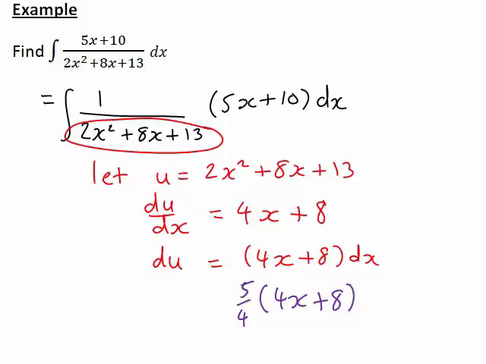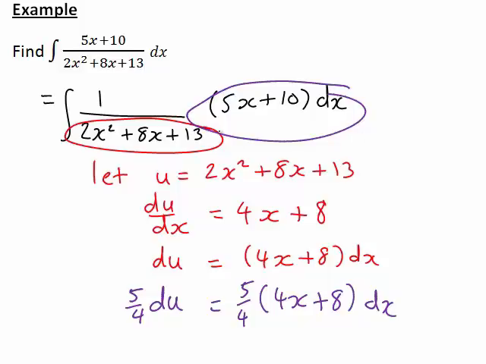And that is the same as if we multiplied the other side of this equation by 5 on 4 as well. Then if du is 4x plus 8 dx, then 5 divided by 4 du is 5 divided by 4 lots of 4x plus 8 dx, which is in fact the same as what we have here, 5x plus 10 dx.